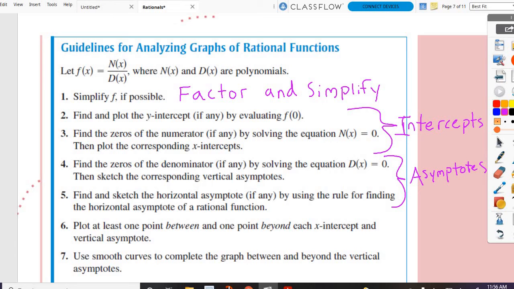And then on 6, we're going to plug in test points, and then we're going to graph it, which is pretty straightforward. I don't think we need a step that says graph it, if that's what it's asking us to do. So your abbreviation is F-I-A-T.